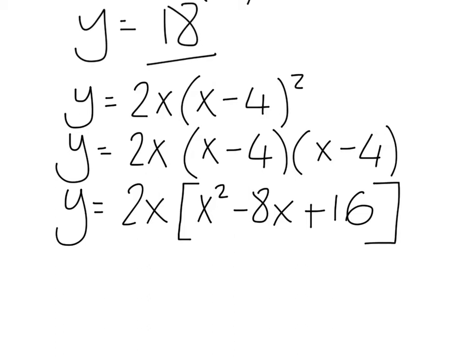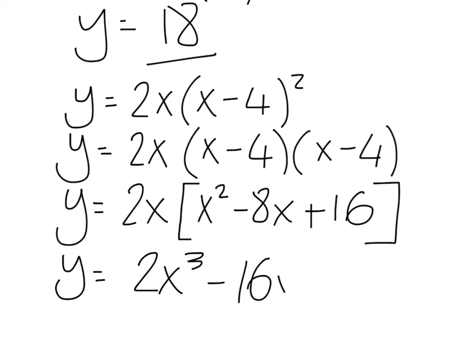Now that we have multiplied the two brackets out, we need to multiply all of that by 2x, which then gives us y equals 2x times x squared is 2x cubed. Then 2x times minus 8x is minus 16x squared. Then 2x times 16 is 32x.